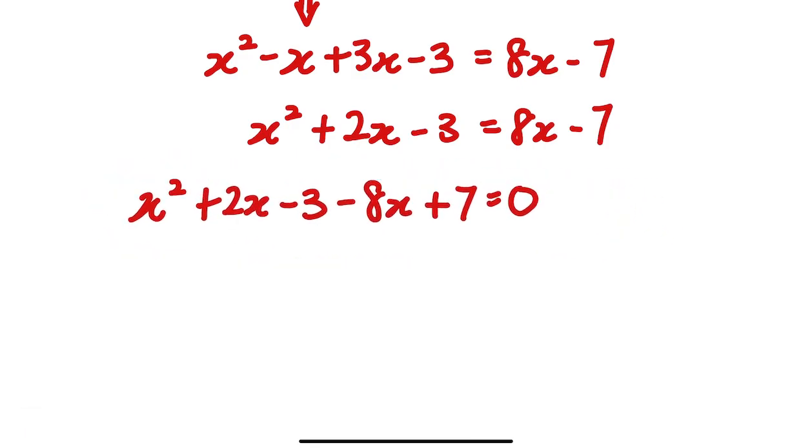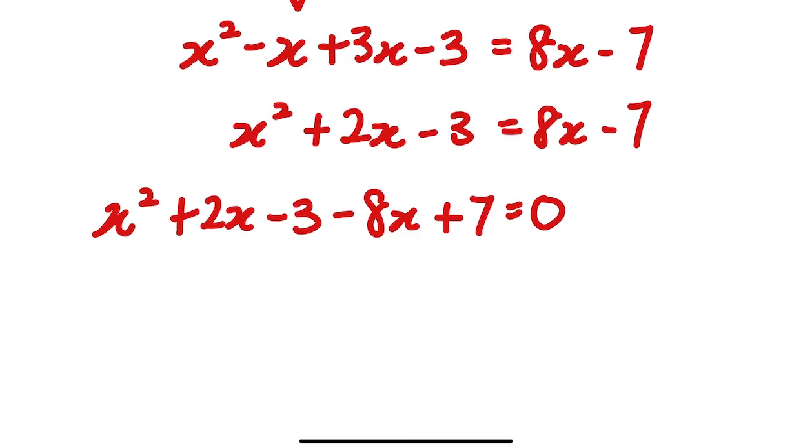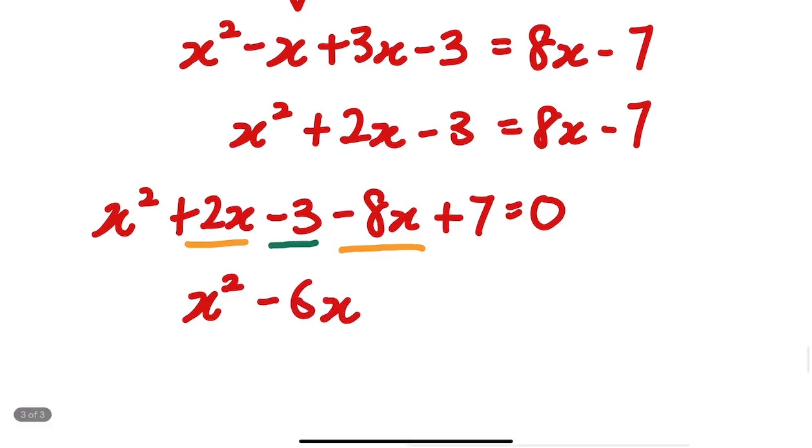I identify your like terms first: 2x and minus 8x. Simplify this to become x squared, 2x minus 8x is minus 6x. Then next one is negative 3 plus 7, simplify to 7 minus 3, this will be plus 4 equals to 0.